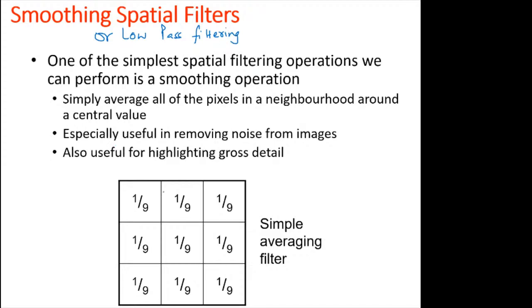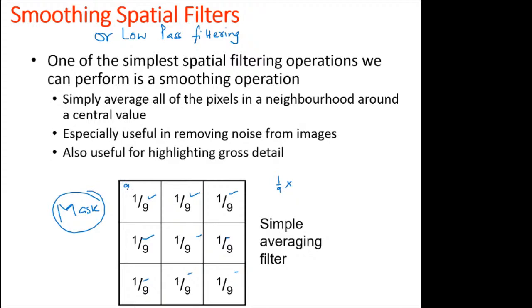So just think as if the mask values are 1 by 9, 1 by 9, 1 by 9, like this. And this is the mask, and the image you already have. Suppose I do this operation which you have learned now. So what will happen? 1 by 9 into whatever is the value of the intensity wherever you put it.